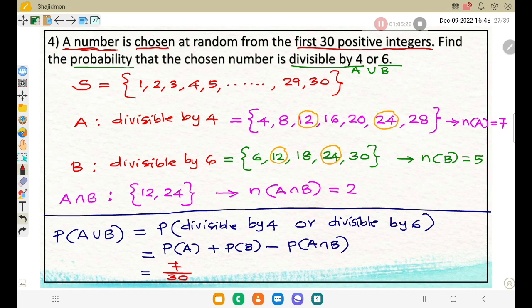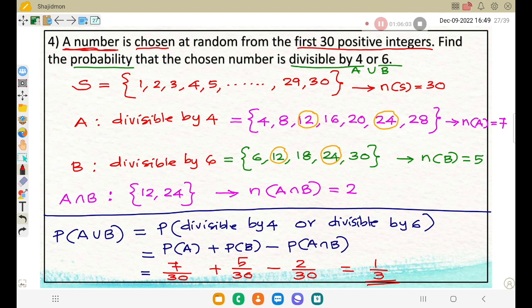So 7 by 30, plus probability of B: 5 divided by 30, minus probability of A intersection B: 2 divided by 30. Now when we calculate, we get 1 divided by 3 as the answer. 1 over 3. Hope you understood this question.